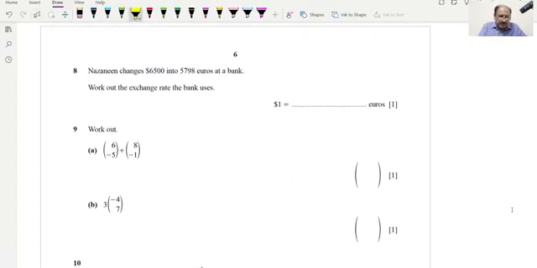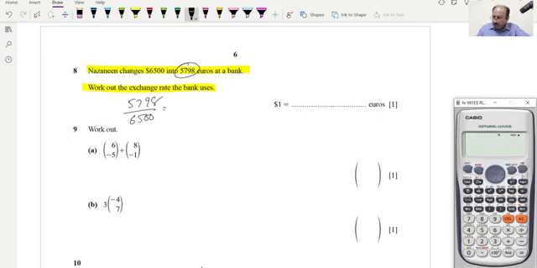Question number 8. Nazanin changes this many dollars into euros at a bank. Work out the exchange rate of the bank. So she's getting this many euros, so 5798 divided by the dollars, and this will be equal to 5798 divided by 6500, and we will be getting the conversion rate.